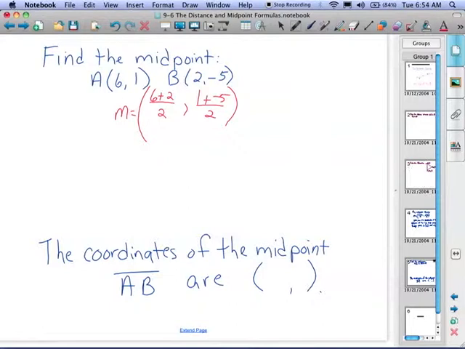That's y1 plus y2. Simplifying, 6 plus 2 is 8 over 2. And 1 plus -5 is -4 over 2. Continuing to simplify, 8 divided by 2 is 4, and -4 divided by 2 is -2. So at the bottom in blue, the coordinates of the midpoint of segment AB are 4, -2.